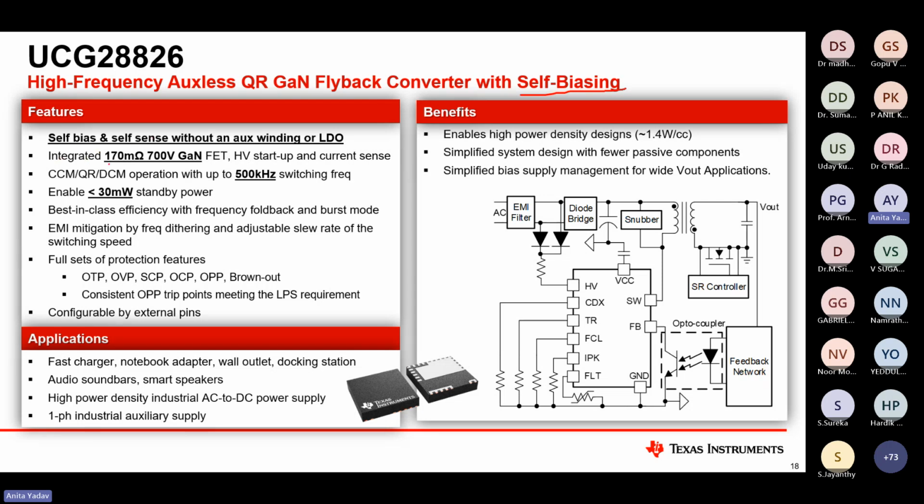The FET inside is a 700 volt GaN FET with an RDS(on) of 170 milliohm, very low RDS(on), so a good choice. It also has HV startup and current sense. For modes of operation, it supports CCM, QR as well as DCM, and can go all the way up to 500 kilohertz switching frequency. Whenever we design any reference design, there is a trade-off between switching frequency and size. The higher the switching frequency, the lower the magnetic size, and hence we end up with a small and compact design.